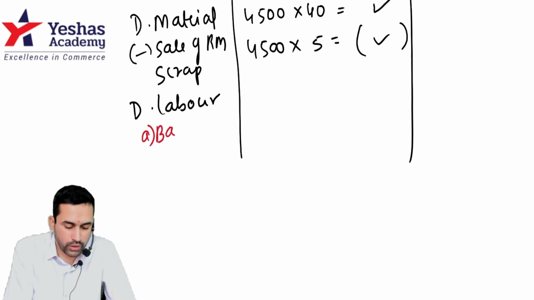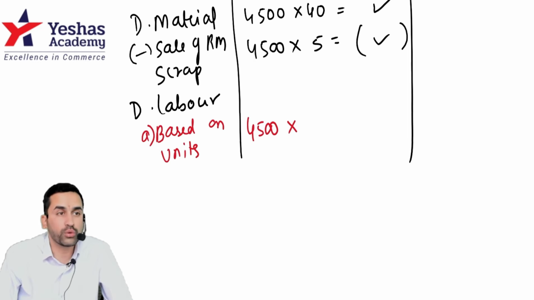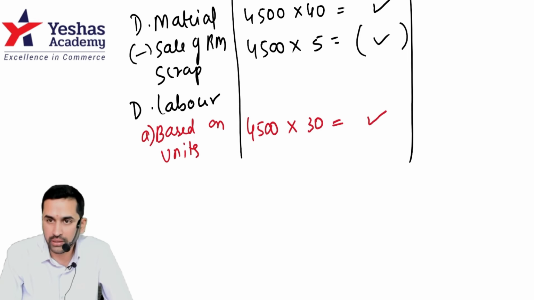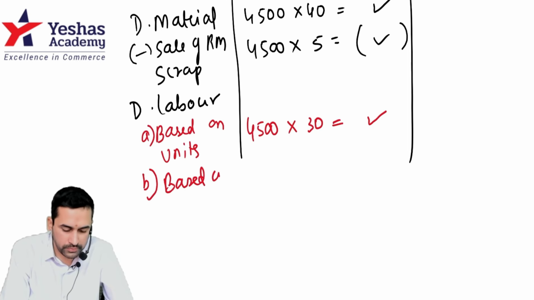First, based on units. Tell me how many units you produced for 3 months. 4,500 into. Go to the question. What is the labor cost? 30. This will be one number.